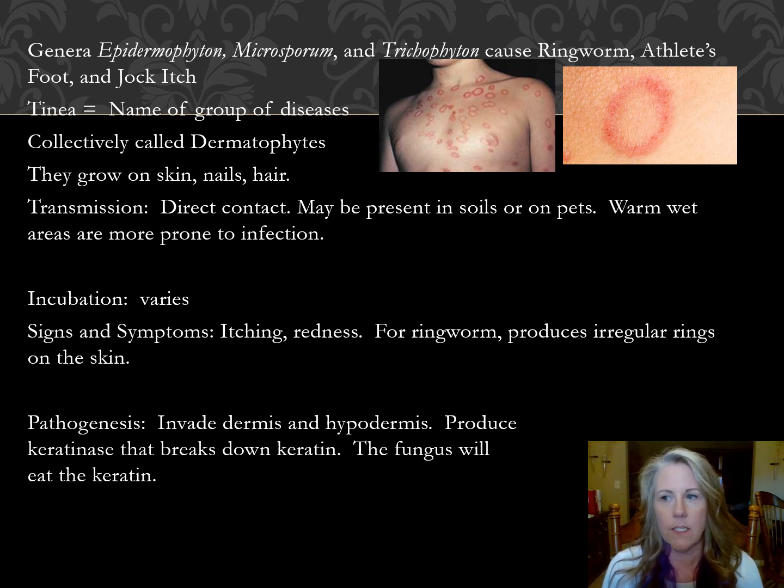It eats the keratin that our keratinocytes make, which is found a lot in our dermis. So it munches on the keratin, uses the enzyme to break down the keratin, and that's how it establishes that infection.